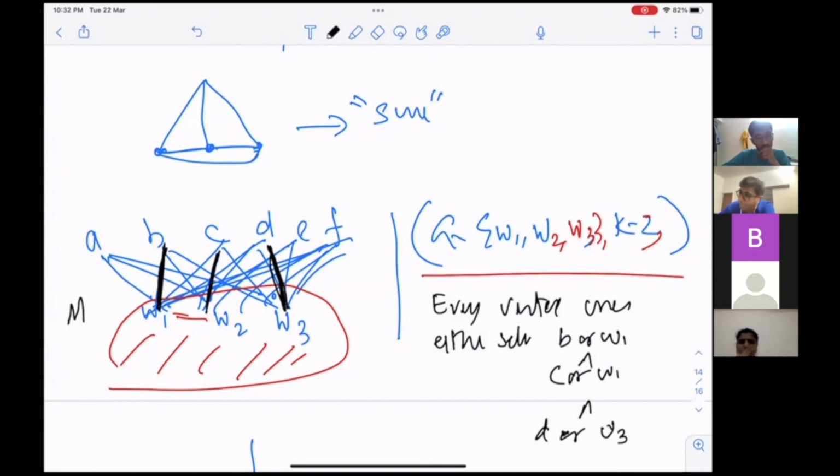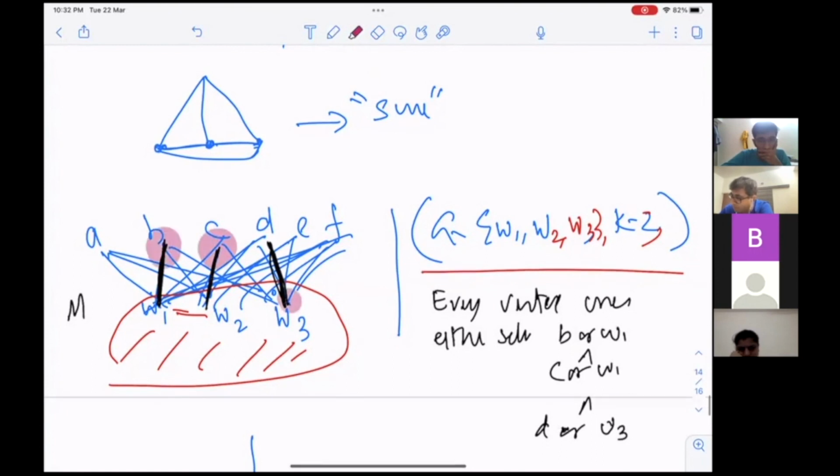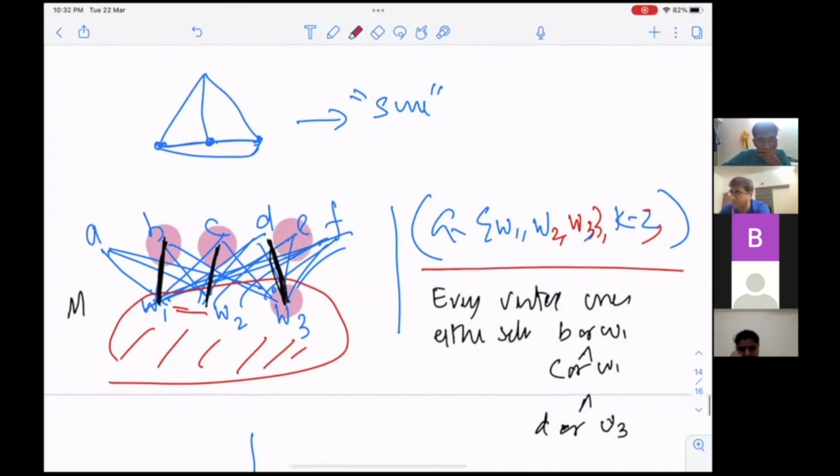Now suppose a cover picked C, B and W3, and maybe also E for all you care. What happens if I say forget C, pick only W1, W2, W3? You still have picked only 3, and you have done everything any minimum vertex cover can do in this part of the world.